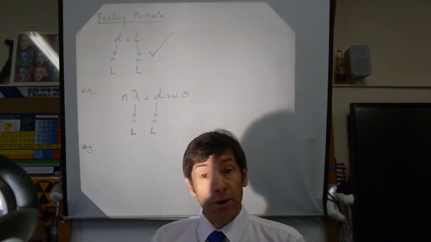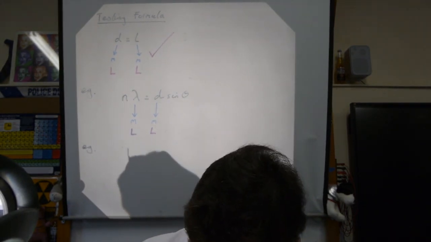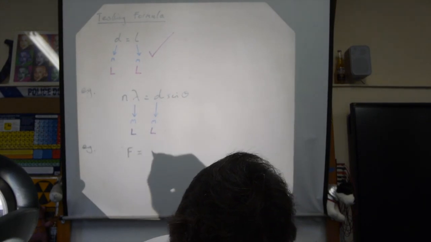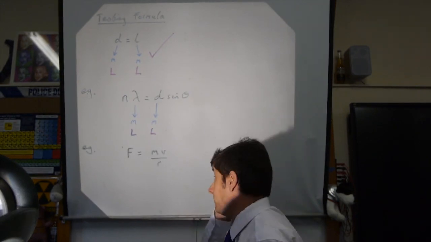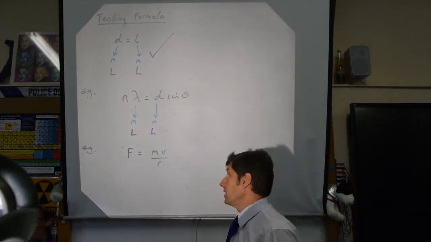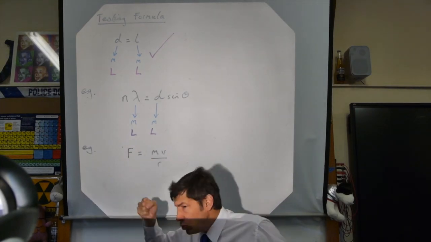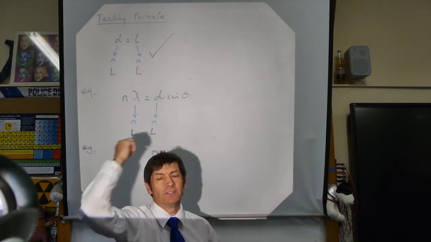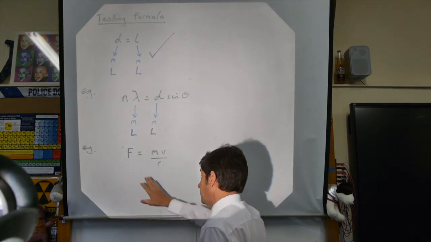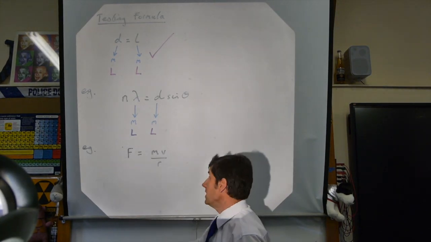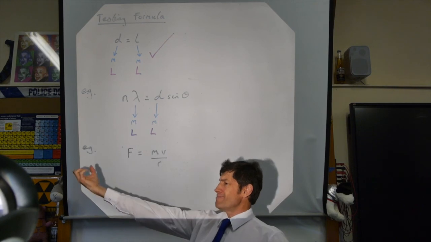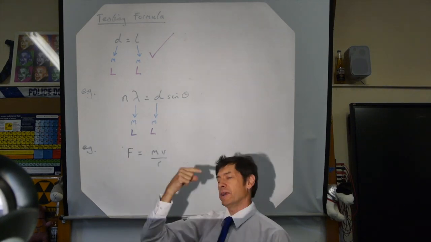I'm going to propose this formula, F = mv/r. And I'm suggesting that this formula tells you the force that you need to pull something around when you swing round in a circle. It's the centripetal force. It's the force holding the moon in as it goes around the Earth.